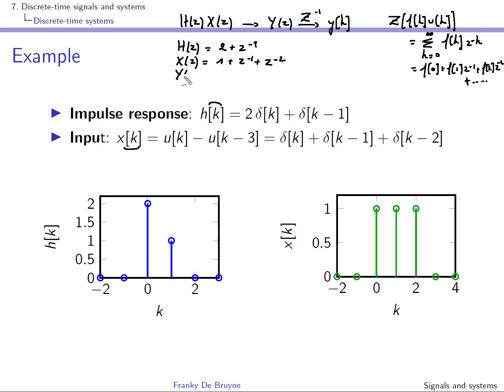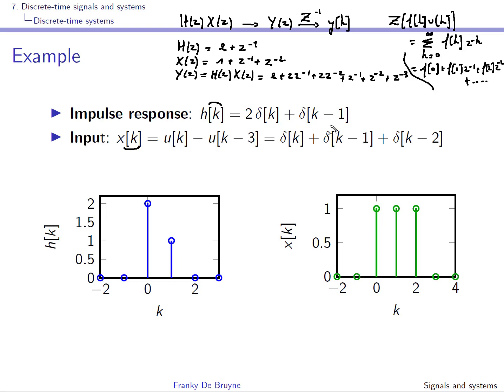So Y(z) will be the product H(z) X(z), so it will be 2 times this one, so 2 plus 2z^-1 plus 2z^-2, and then z^-1 times this one, so plus z^-1 plus z^-2 and plus z^-3.